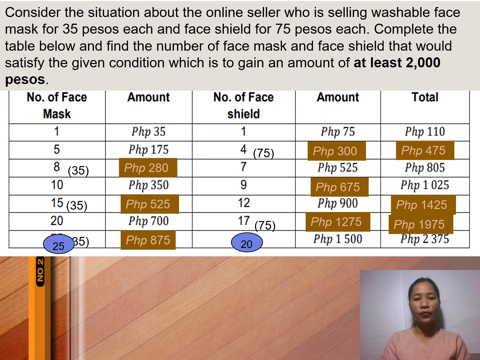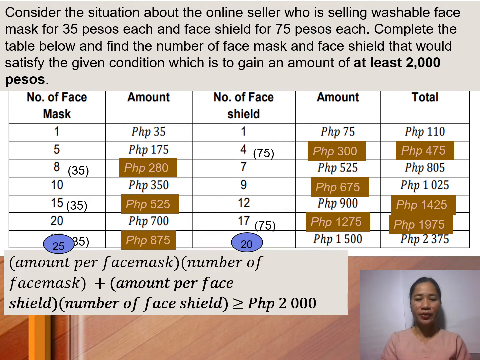The solution of this activity represents a linear inequality in two variables. It can be written as amount per face mask times the number of face masks plus amount per face shield times the number of face shields is greater than or equal to 2,000 Philippine pesos.